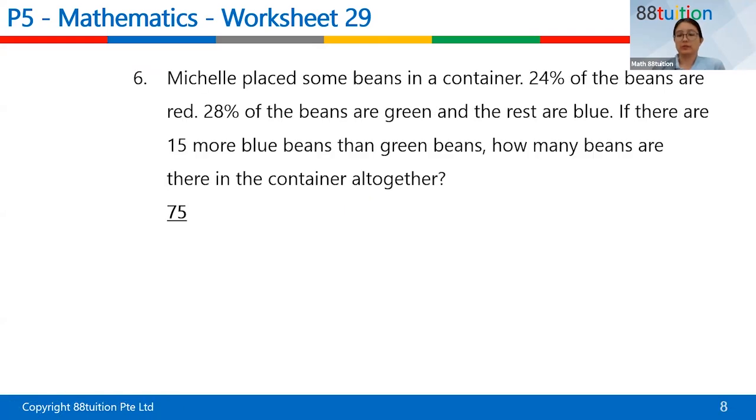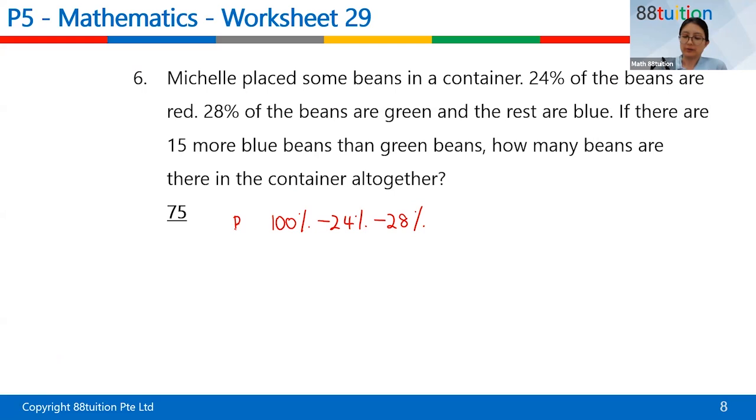Next. Michelle placed some beans in a container. 24% of the beans are red, 28% of the beans are green, and the rest are blue. If there are 15 more blue than green, how many beans are there altogether? So first we need to find the percentage for the blue, right? It's a very simple one. It's 100% minus 24 minus 28.